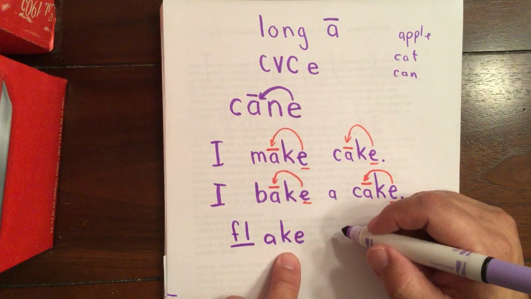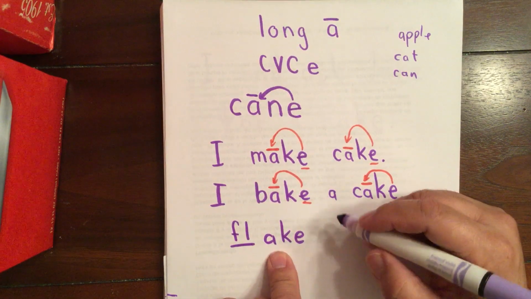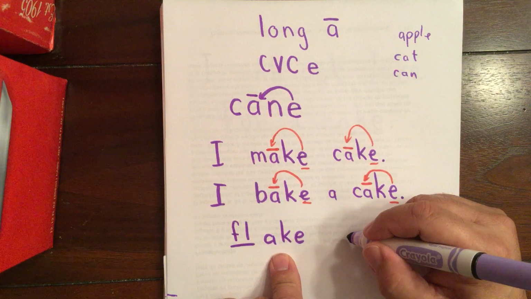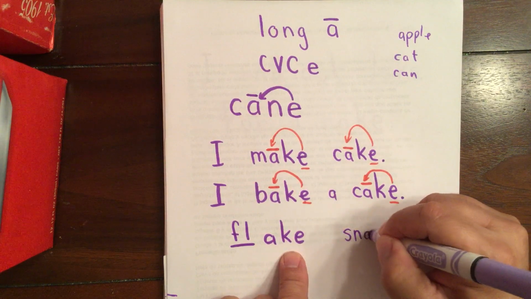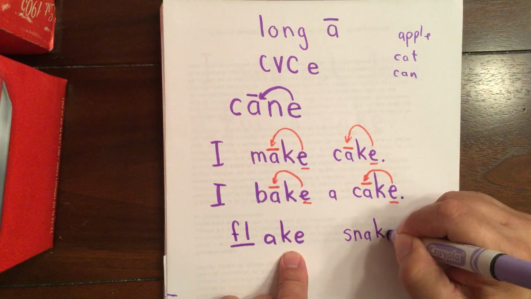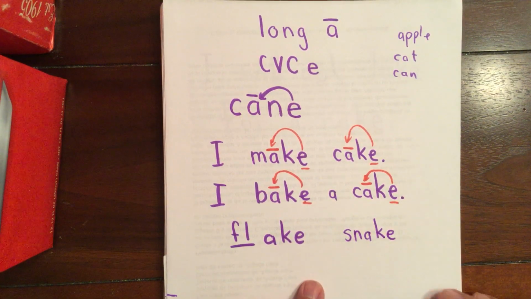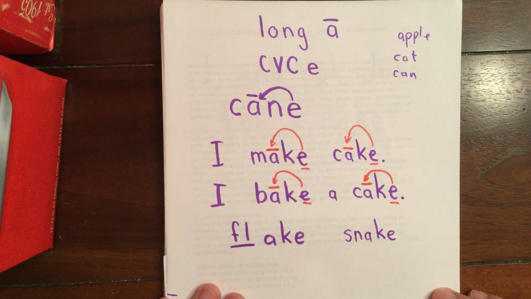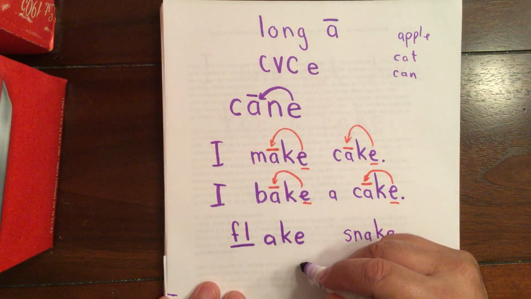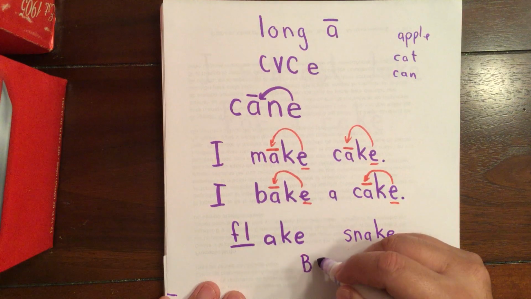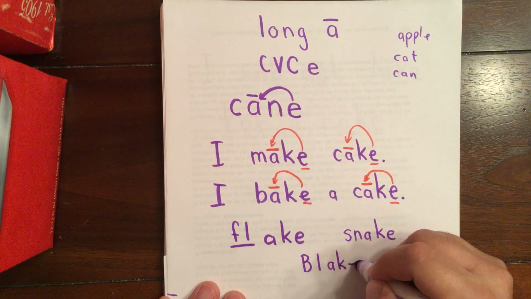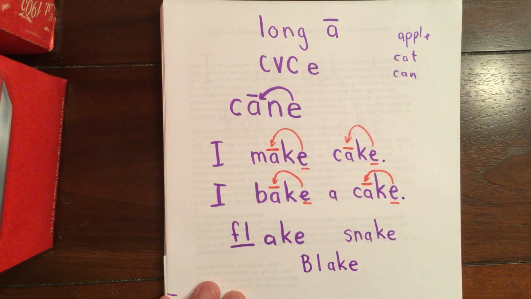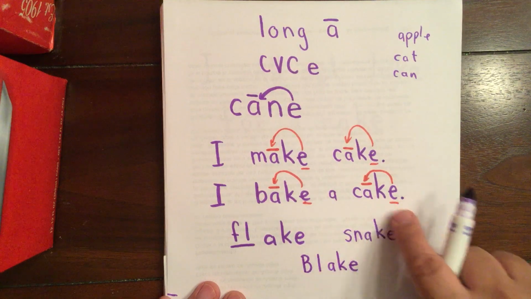Jake, rake, and there's snake. Those are just an example, and names like Blake are all examples of words with the AKE.